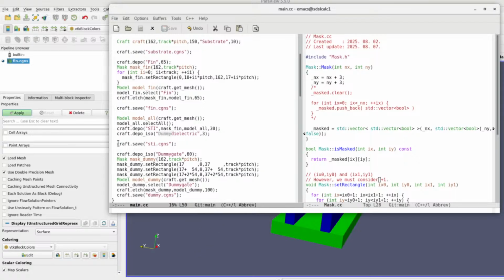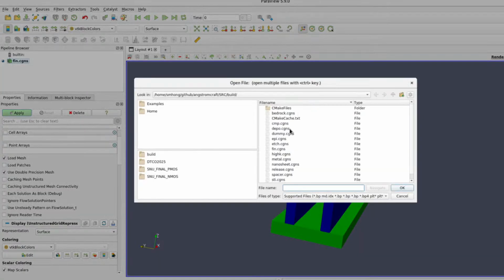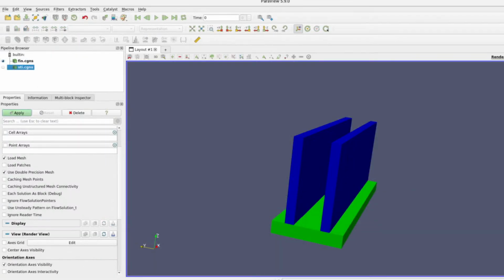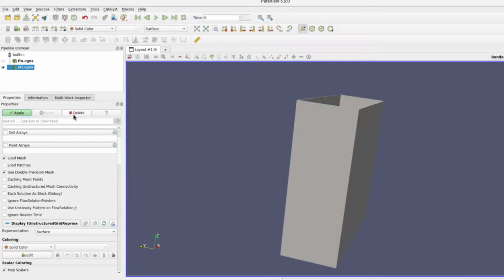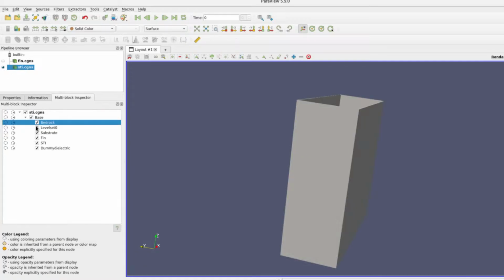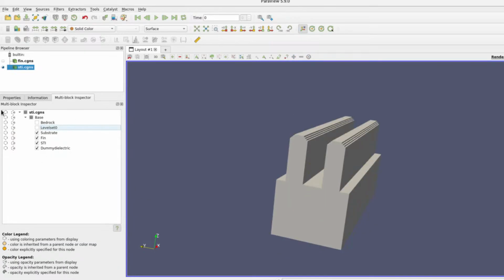After that, let's have a look at this STI.cgns. Just to load STI.cgns. Okay, now you can see it here.